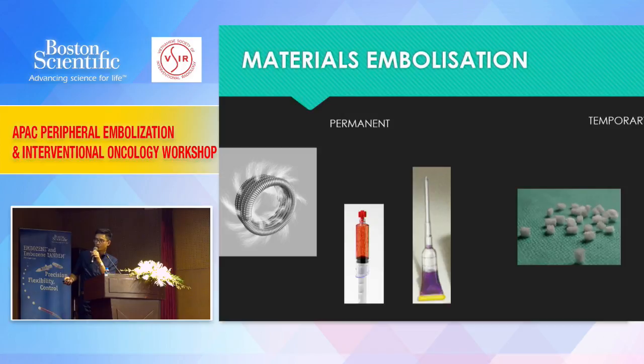The coil with fibers can induce thrombus and occlude the vessel. But permanent is quite relative, because, for example, when the patient has a coagulopathy, the coil alone cannot induce thrombus, so we have to consider that.